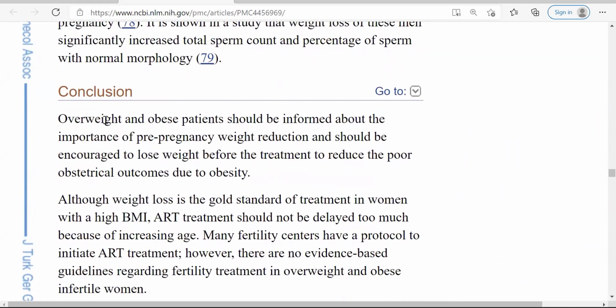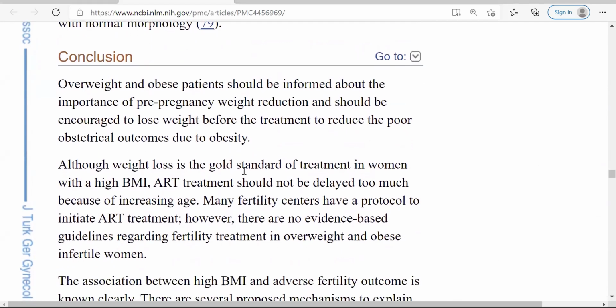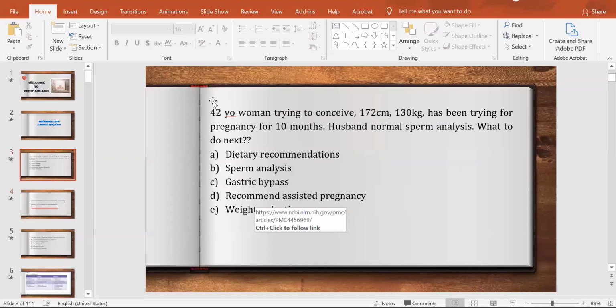So the conclusion is that overweight and obese patients should be informed about the importance of pre-pregnancy weight reduction, and should be encouraged to lose weight before the treatment to reduce poor obstetrical outcomes. Now, we usually would not delay the ART treatment for this patient particularly.